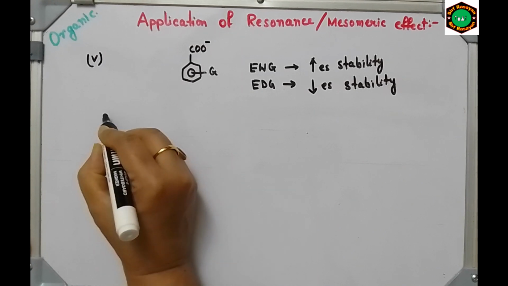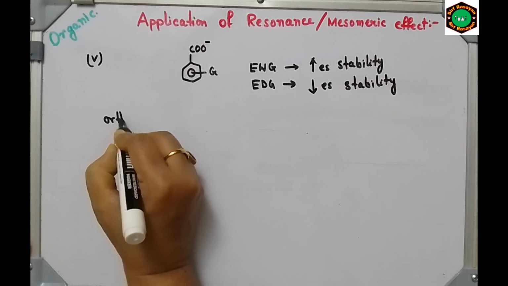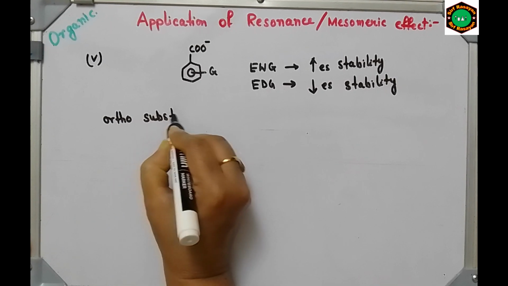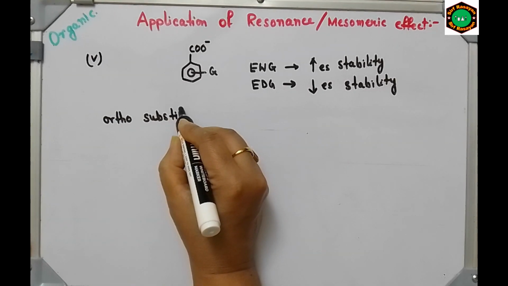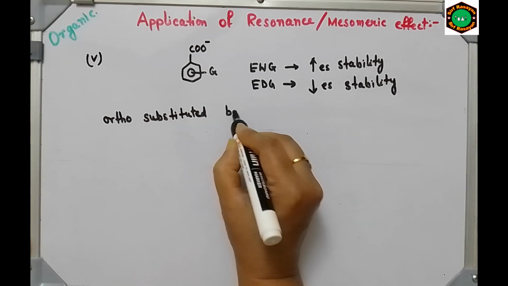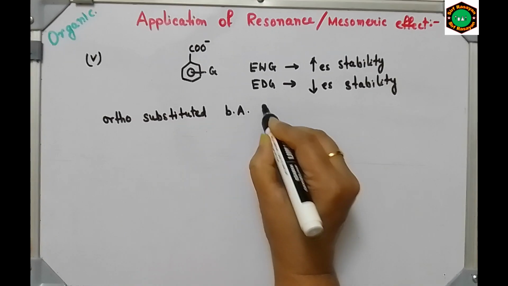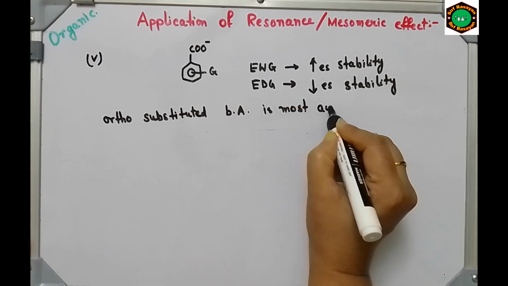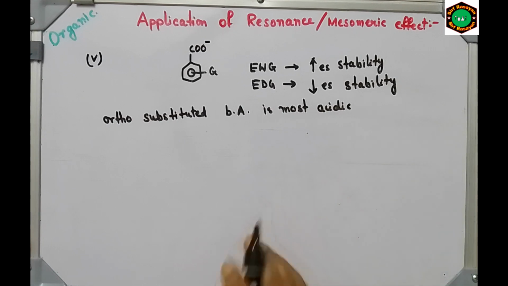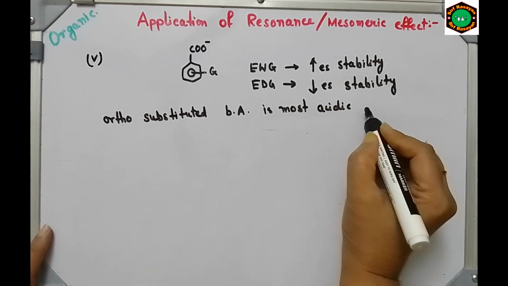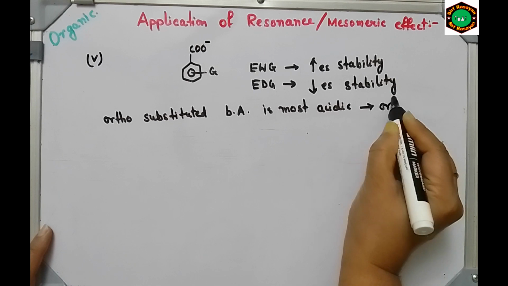And always remember, ortho substituted benzoic acid is more acidic than the meta and para isomers. This is due to the ortho effect.